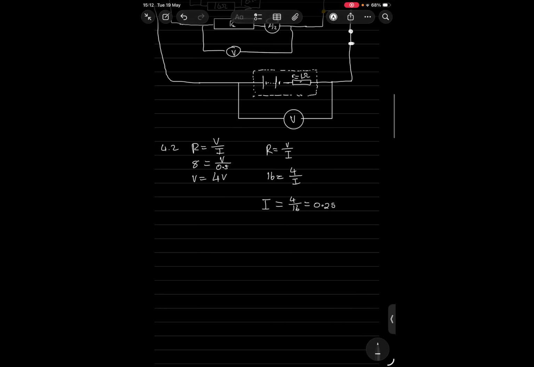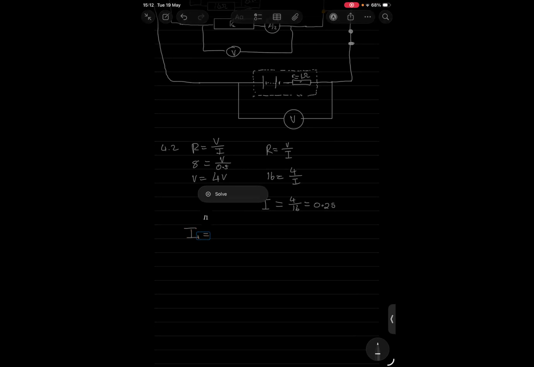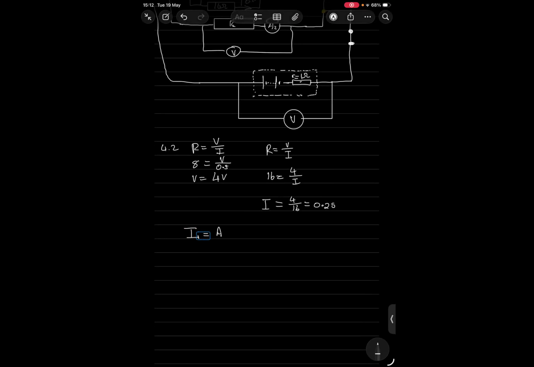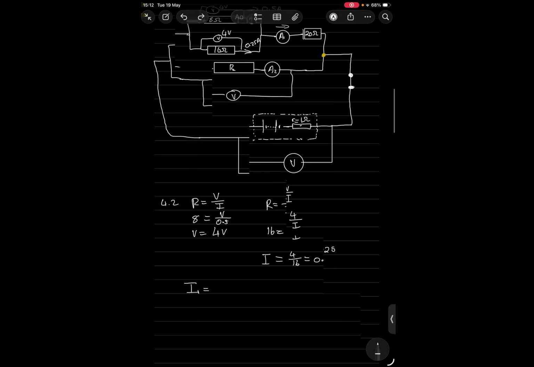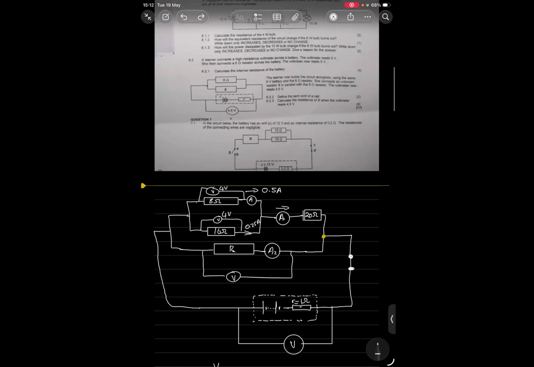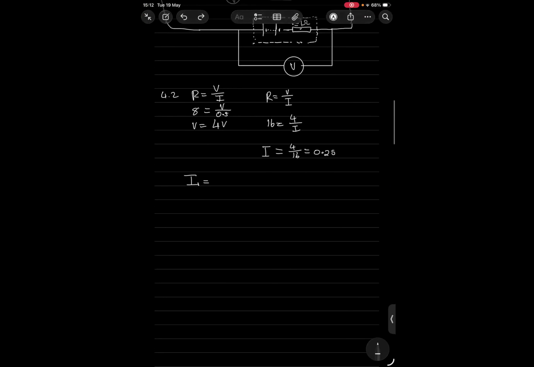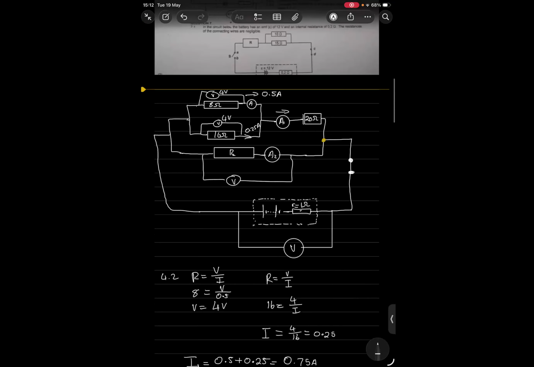So I1 is going to be 0.5 plus 0.25, which is 0.75 amps.